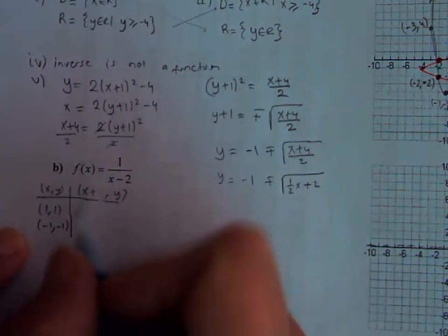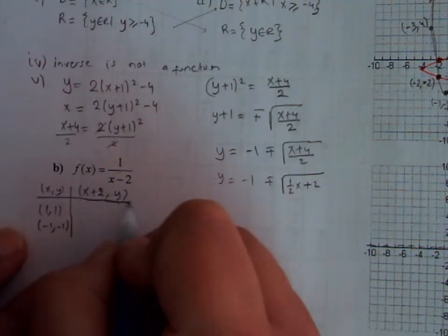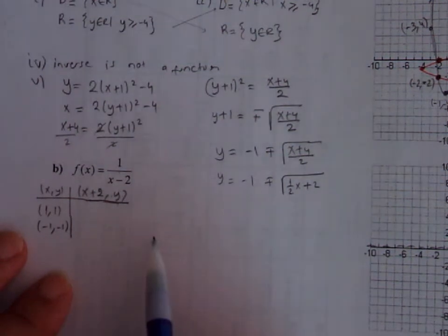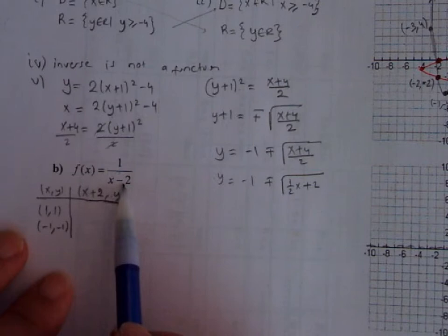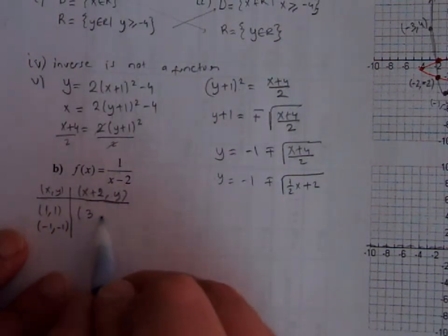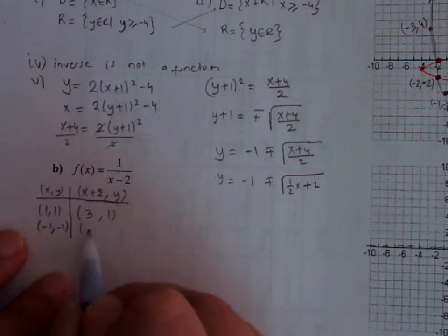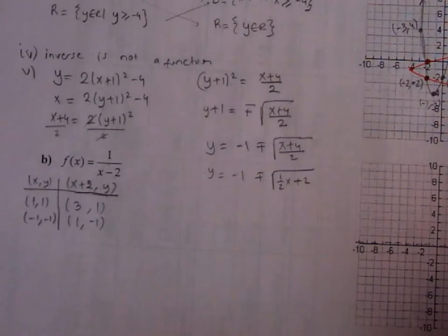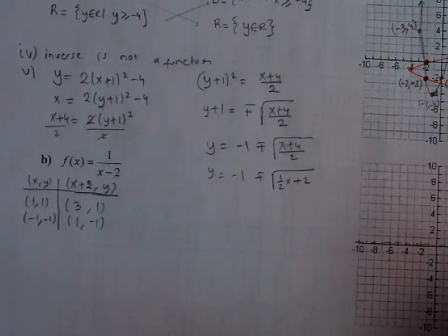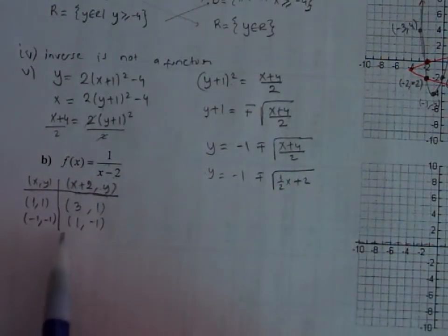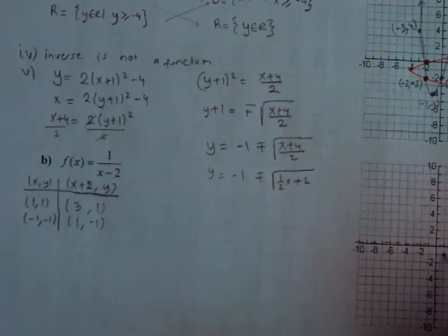Why did I get 4? x plus 2, because there is only a d value. Alright, now add 2 to x coordinates. Keep the y coordinates as they are. Okay, so 3 and 1. And the other one is 1 and negative 1.